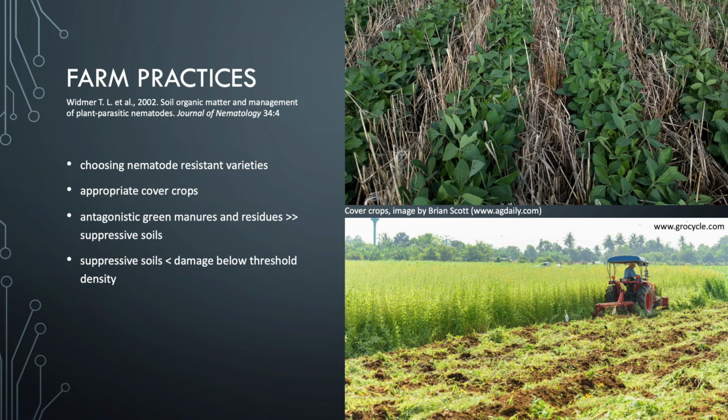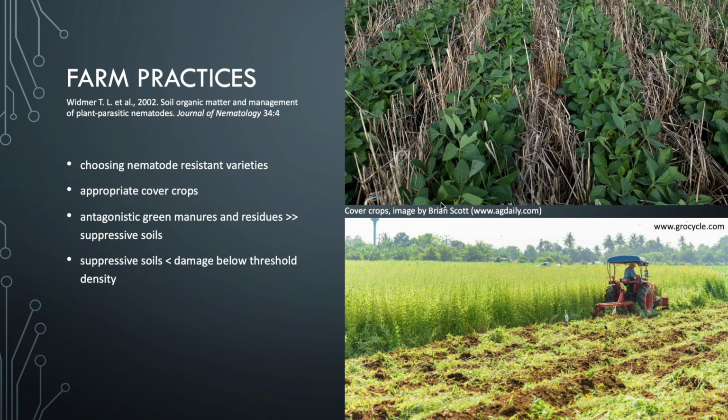And for this purpose, of course, we need to first of all choose nematode-resistant varieties of plants if we are wanting to not support further reproduction of particular root-feeding nematodes that we might have a problem with. So this means that appropriate cover crops can be used that actually do increase soil organic matter if they are grown with the crop or at times when the cash crop is not growing.